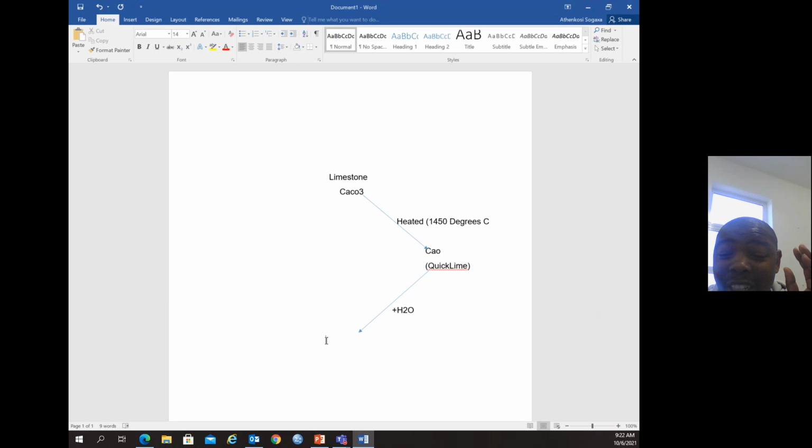What is a slaked lime? It is something that looks like a putty, the putty that you use to fix windows.